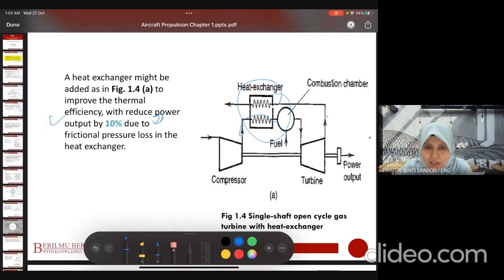If they want a more efficient gas turbine, then we may add a heat exchanger before the combustion chamber. But if they focus more on power output, and want a gas turbine that can produce power as high as possible, then maybe this single shaft open cycle with the heat exchanger is not very suitable.